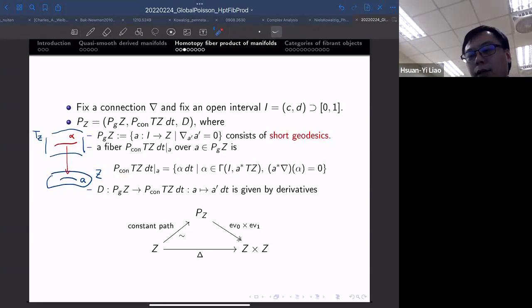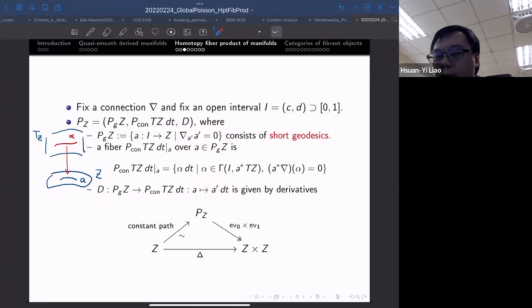And my section, I call it D here. The section just maps A to its derivative. Because A is a geodesic, it satisfies the geodesic equation, so its derivative is a constant section. So this is a section.